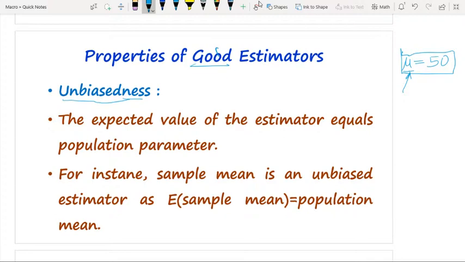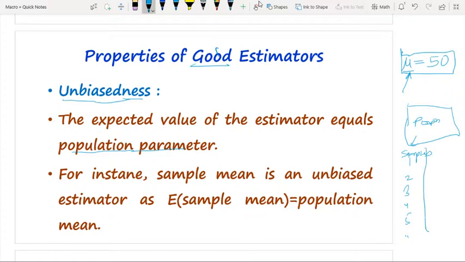The unbiasedness property simply tells us that if we take repeated samples from the population and find the average value of the estimator, it should equal the population parameter. So what it means is that we have a population and we take different samples: sample 1, sample 2, sample 3, sample 4, sample 5.